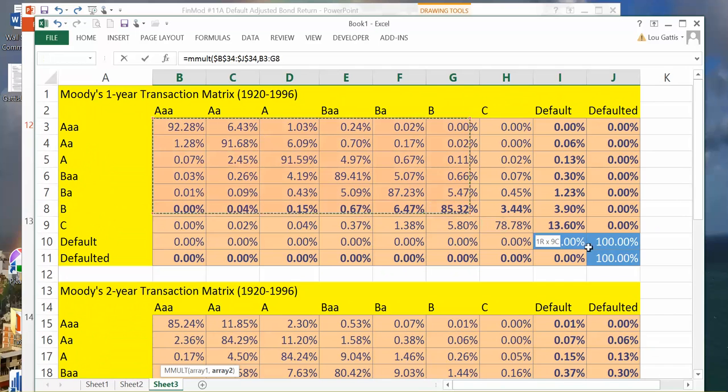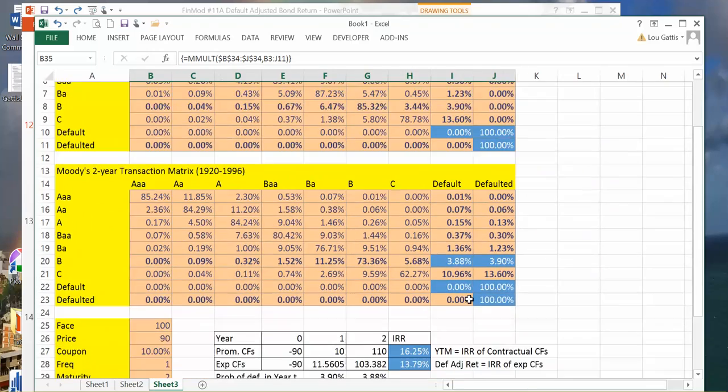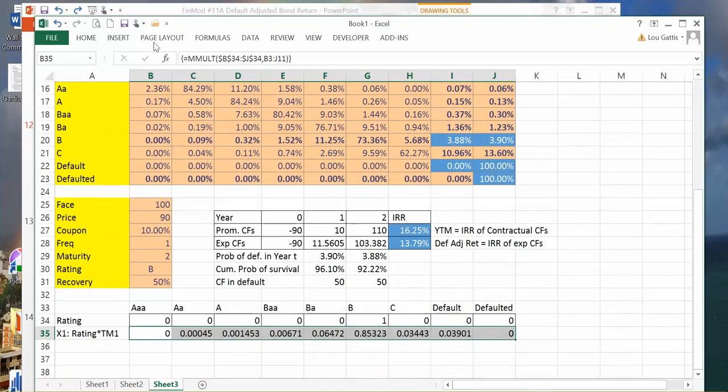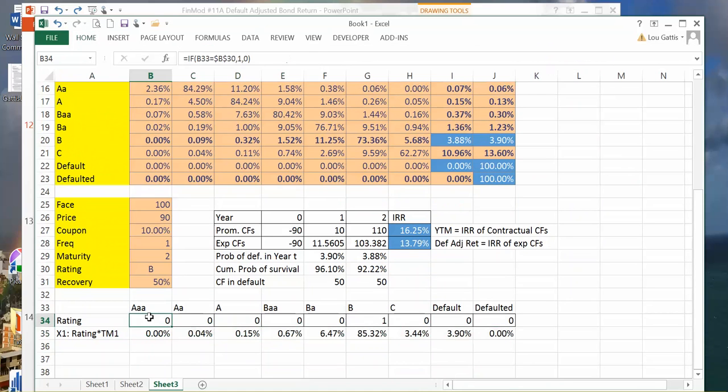And Control Shift Enter. So notice what happened here. These probabilities, well, let's first talk about what it is. So again, it's just an mmult of this vector here times this transition matrix.